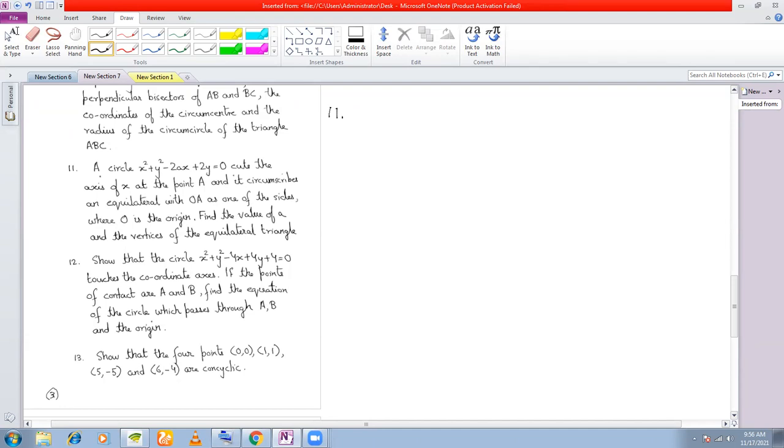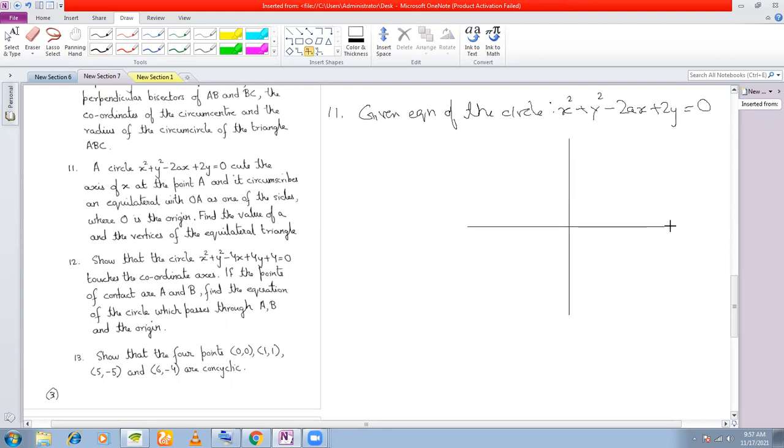Okay, so we'll try to draw a diagram here. Okay, let's write the given equation first. Given equation of the circle is x square plus y square minus 2ax plus 2y is equal to 0. Cuts the axis of x at the point A. Okay, let's draw the coordinate axis.